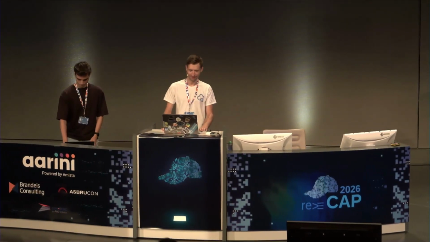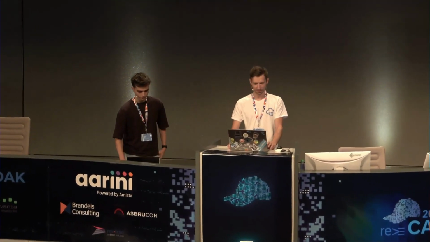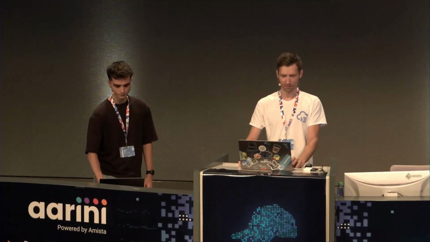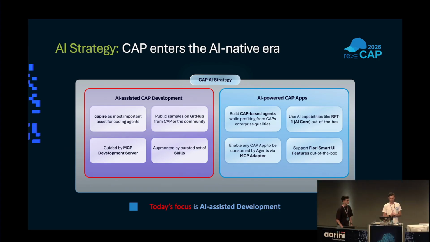All right. So today we will talk about AI-assisted development of CAP applications. And if you have seen the keynote earlier, then probably a lot of this is not a big surprise to you. We see here the AI-assisted CAP development, which is different from AI-powered CAP applications. AI-powered CAP applications is where you infuse an application itself with some AI capabilities.